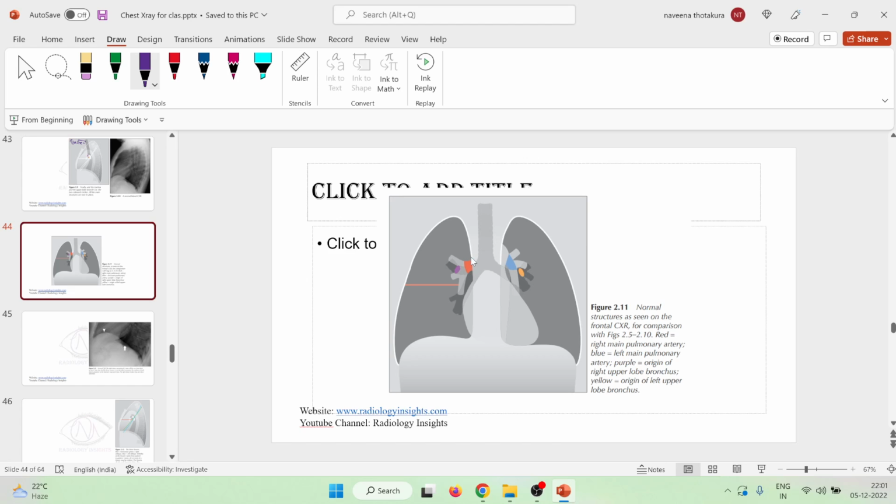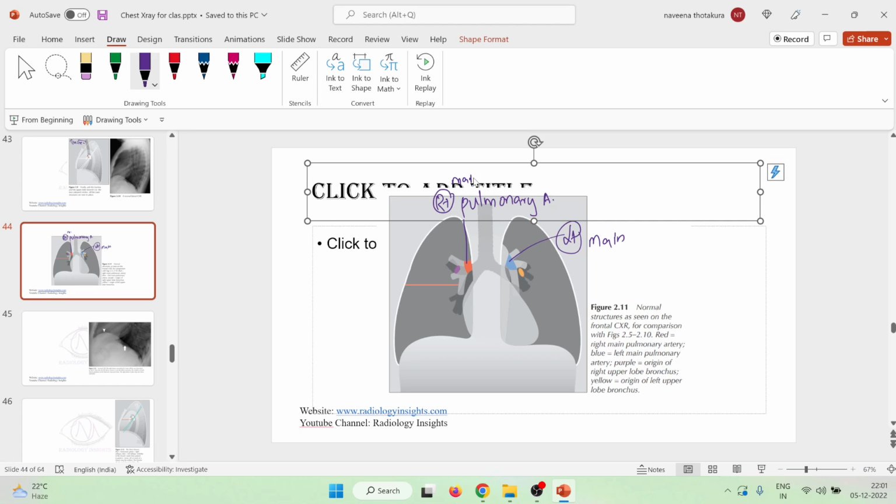The hila. In the hila, if you see, this is the right pulmonary artery. Okay, this is the left main. This is the right main pulmonary artery. Similarly, we have the left main pulmonary artery.